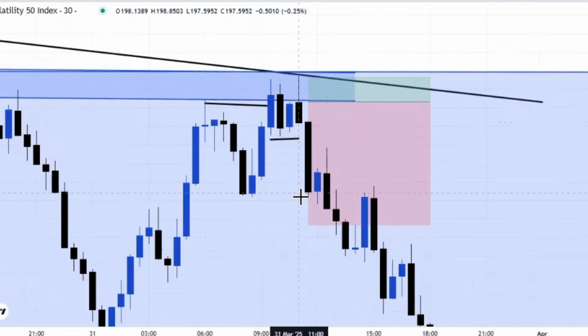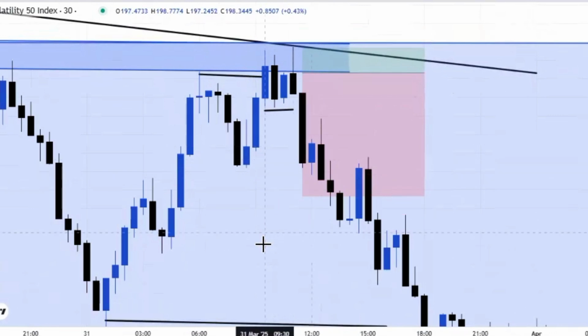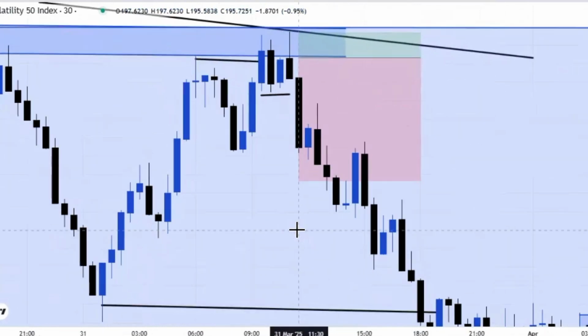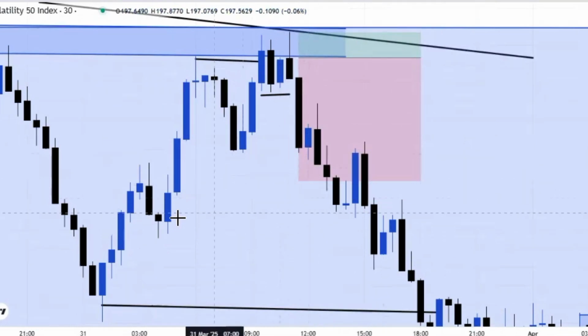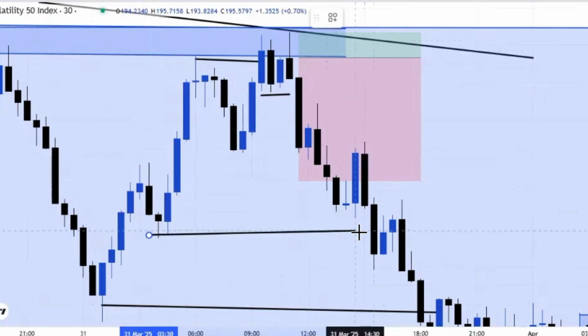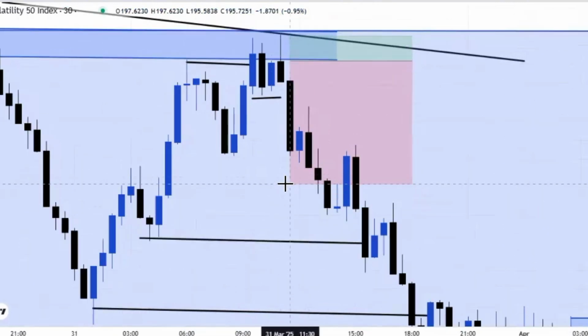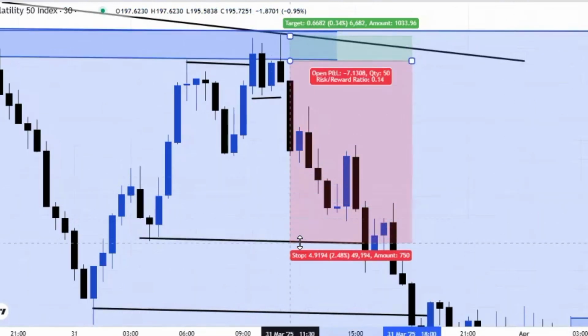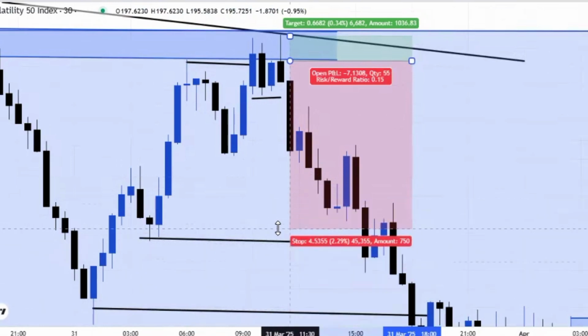If I enter from this candle here, remember that we are targeting the daily move, which is a bearish move for that particular day. My next target should be the next support level, which is right here. Once price hits this level I should be out, but you see the market still went down, breaking this level.